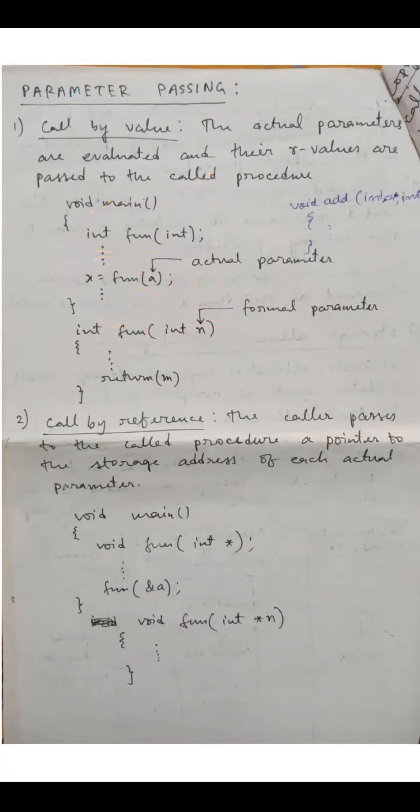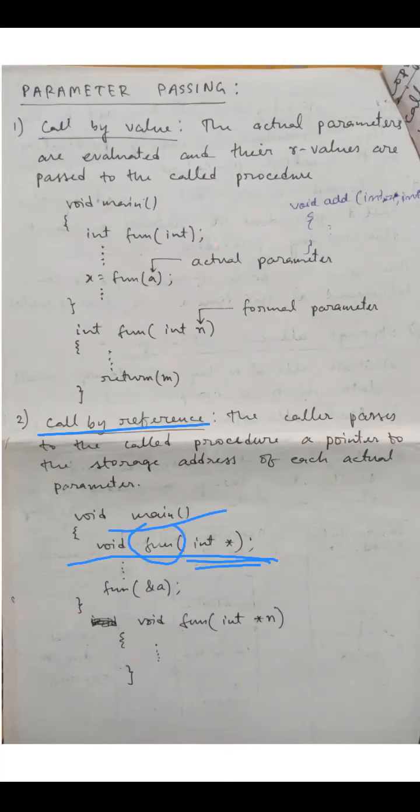Next, look at the second example, call by reference. Say inside the main function, I have declared a function void fun(int *), where fun is the function name. Look at the parameter: int star means it will take an integer pointer. If you write float star, it will take a float pointer.